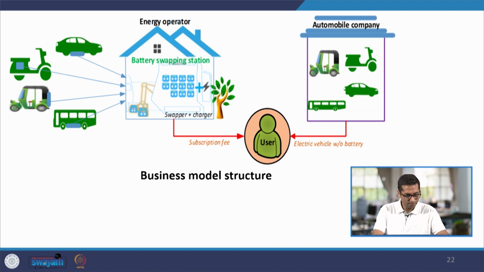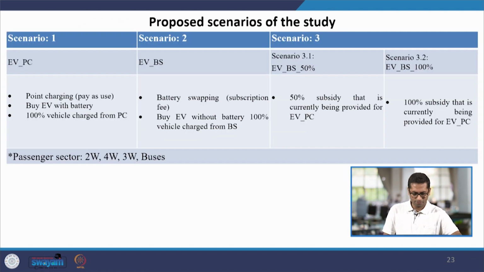And the subscription fees could be different for the cars, two-wheelers, autos, buses, as well as the commercial vehicles and the private vehicles, based upon the usage frequency. So, a model was created, and we wanted to compare that with conventional fast chargers, and also try to understand the effect of different kinds of subsidies that the government can bring in.